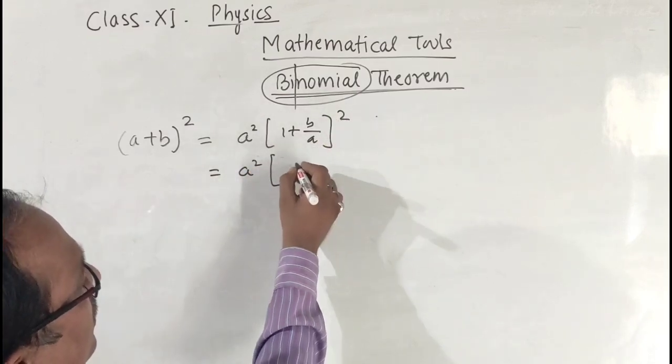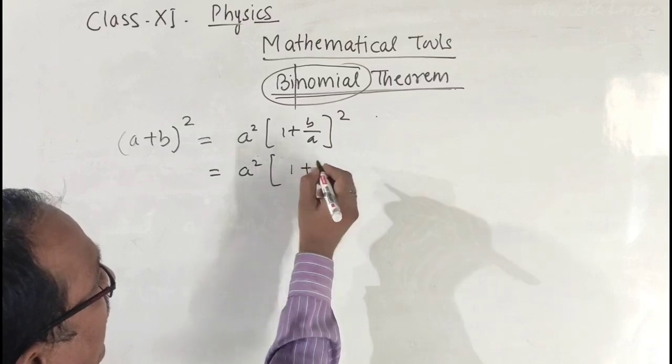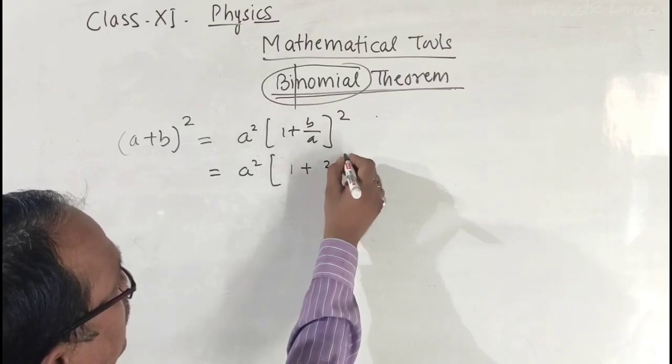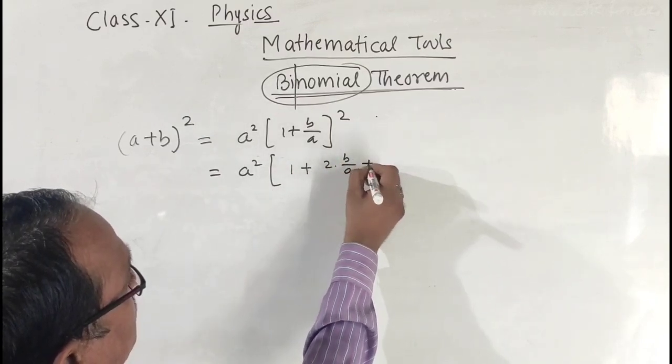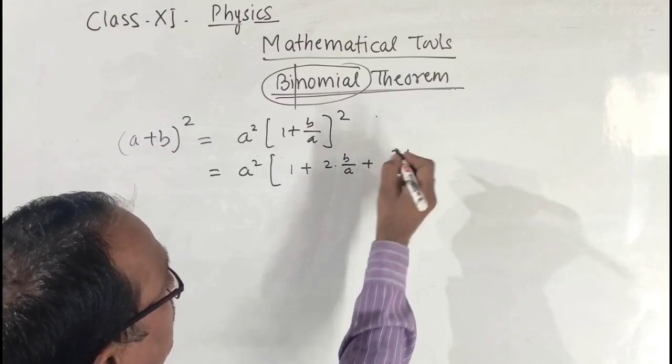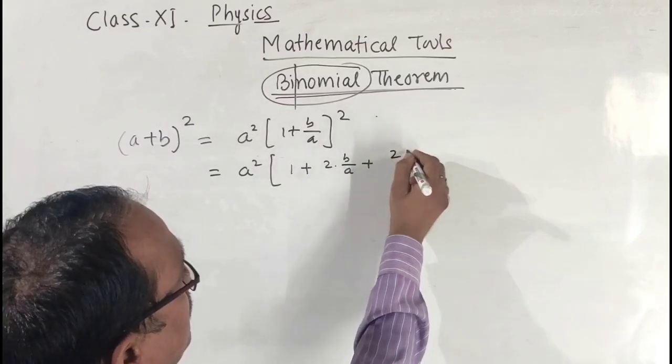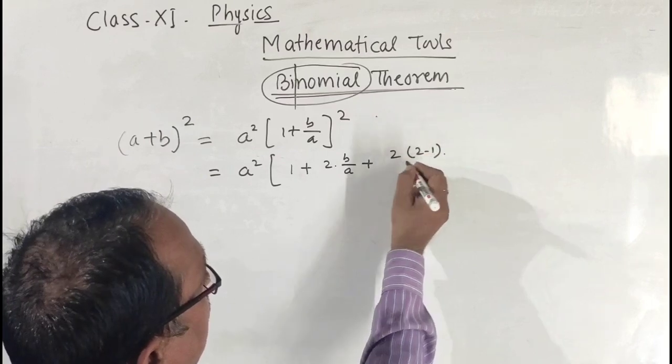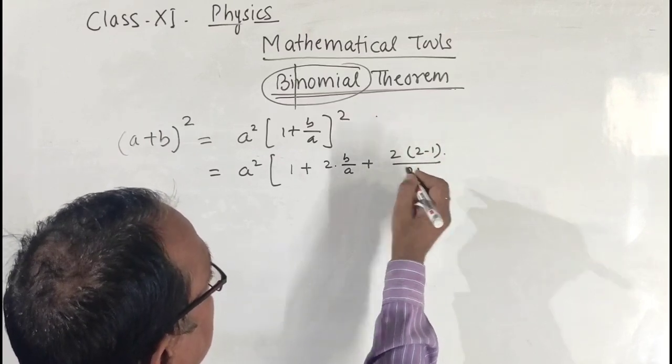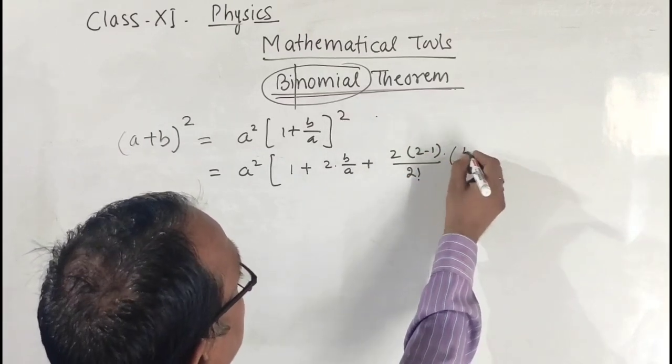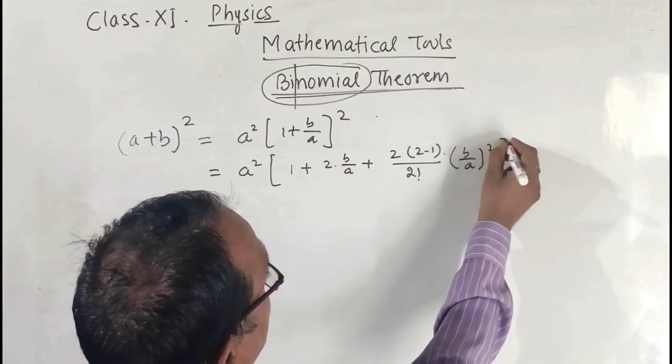So we can write 1 plus n into x, that is 2 into b by a, plus n into n minus 1, where n is equal to 2, into n minus 1 by factorial 2 into x square, so that is b by a whole square.